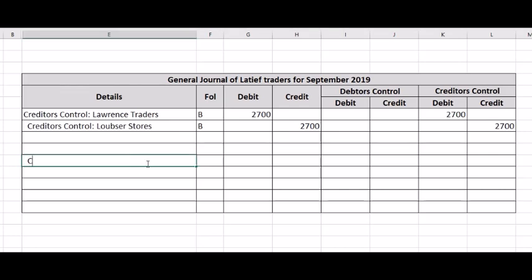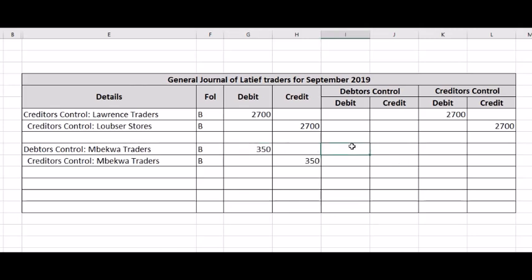The reason why I'm crediting creditors control of Mbekwa Traders is because at the moment they've got a debit balance of 350 Rand. And the only way to get rid of a debit is to go and credit it. And we will go and debit debtors control because we are taking them to the debtors ledger, still Mbekwa Traders, with the 350 Rand.